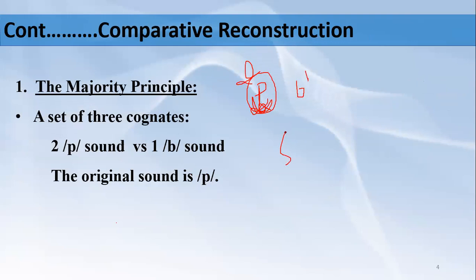Okay. So if you have got 3 or 4 words which have got one sound, for example, the sh sound, or any sound, for example, the k sound. Three words have got the k sound, and only two words have got the g sound. It means that the older form is the word with the k sound, and the word with the g sound is the new form, the modern form.